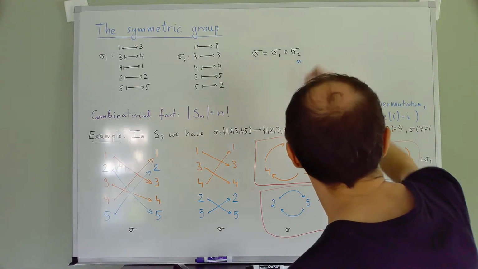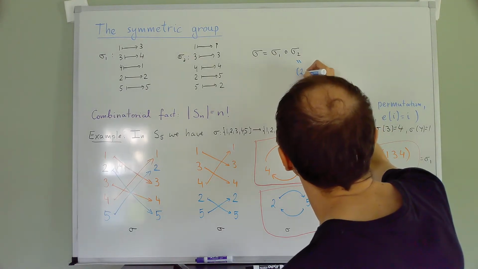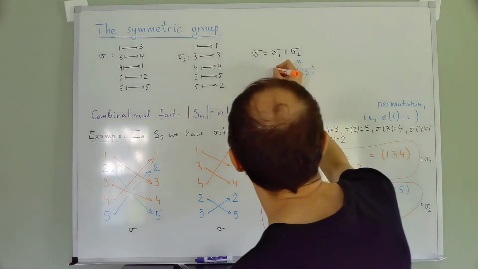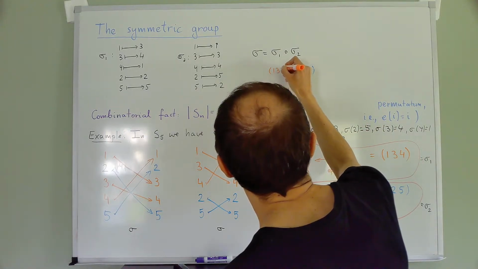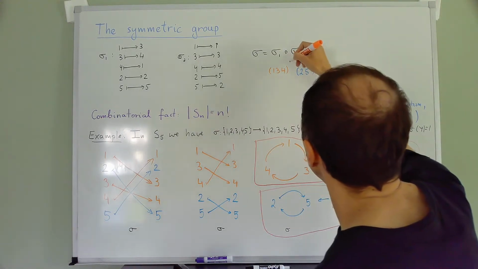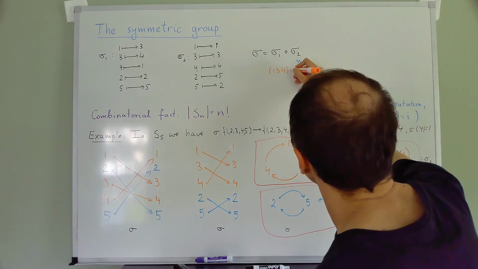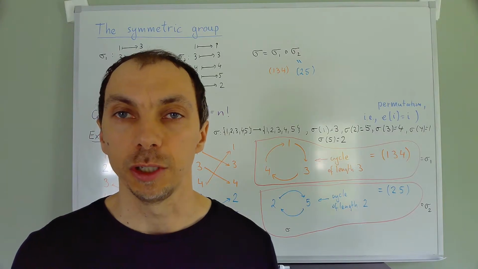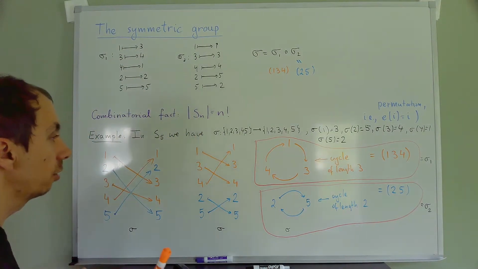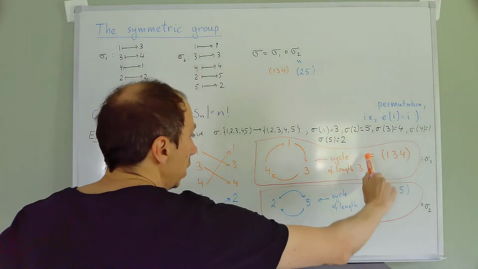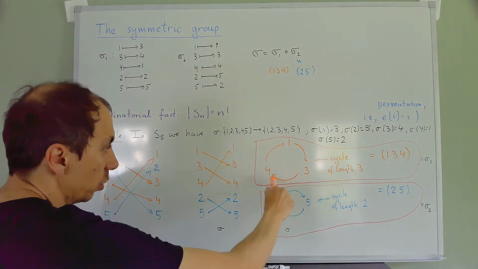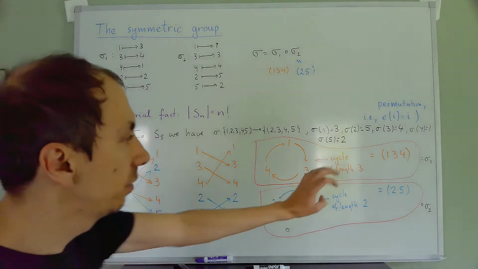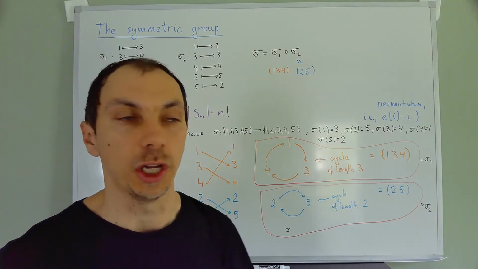Sigma 2 is just (2 5), and sigma 1 is (1 3 4). And one usually doesn't write the circle between them. It's sort of understood that that's what goes between two cycles. So a cycle is a permutation like this that permutes cyclically certain elements and leaves the other ones unchanged.